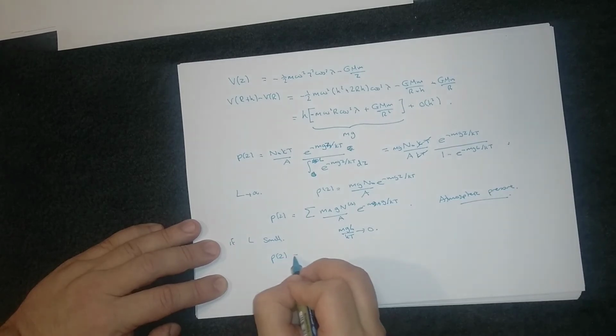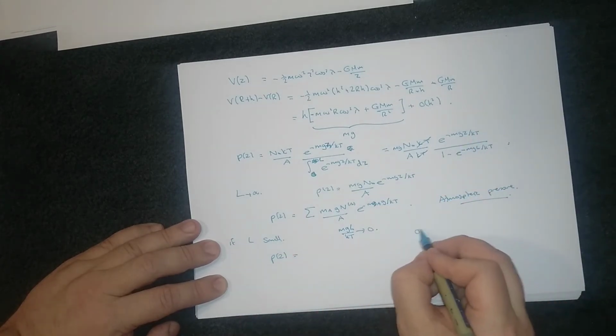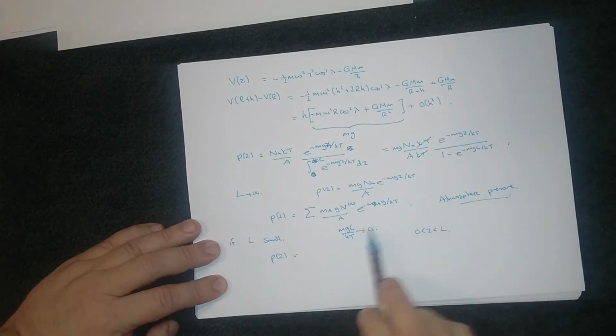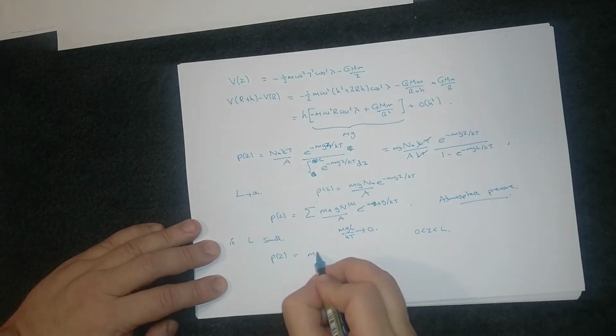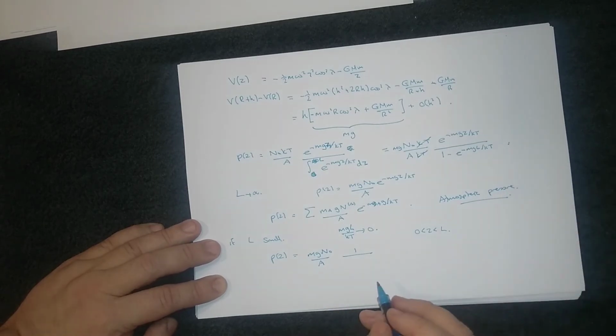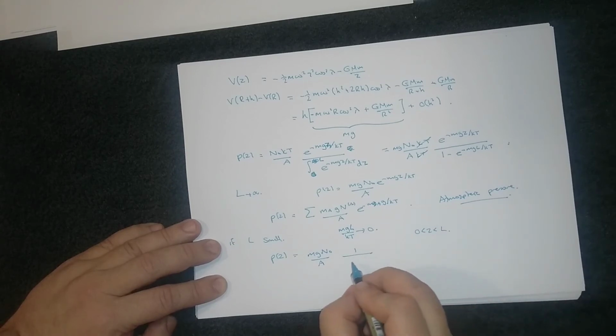Then the pressure at height z, well, z would be between 0 and L, so mgz over kT also goes to 0, so you have mg N0 over A, and for this thing you can use the first two terms in the Taylor series, or you can use L'Hopital's rule, that works just as well: mgL over kT.